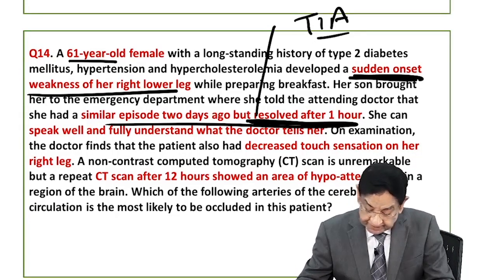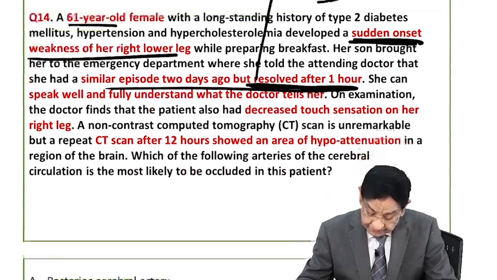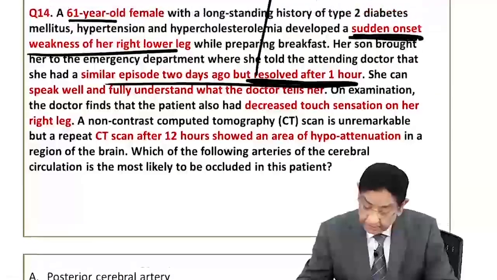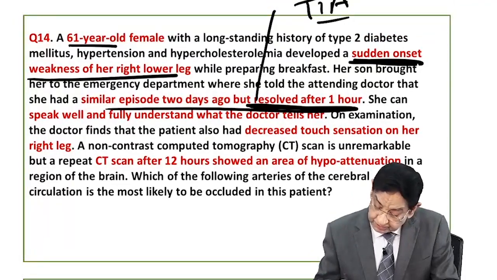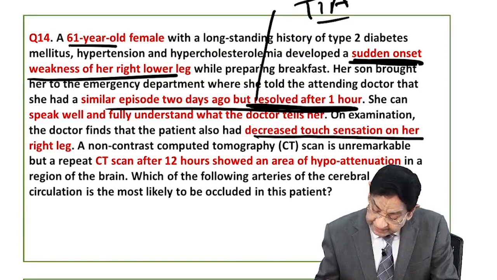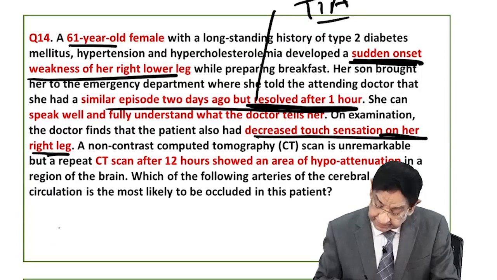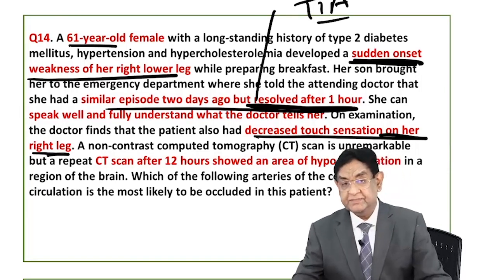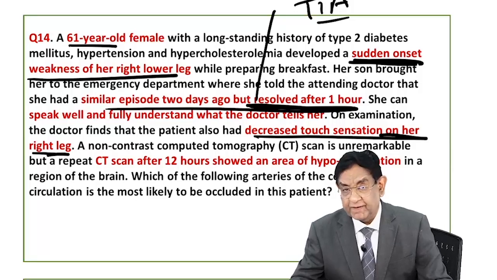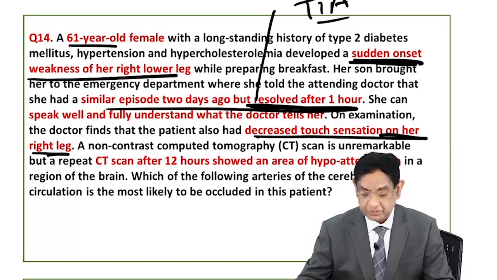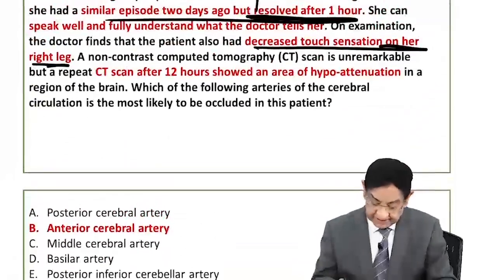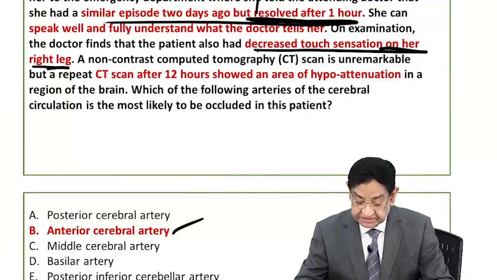It is ischemic. The problem is in the right leg. Transient ischemic attack, leg area is involved. Which artery is involved? I don't think I need to elaborate. It is the anterior cerebral artery.